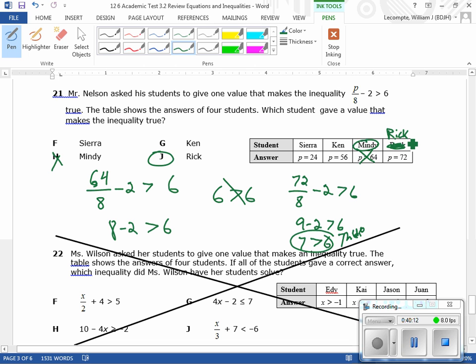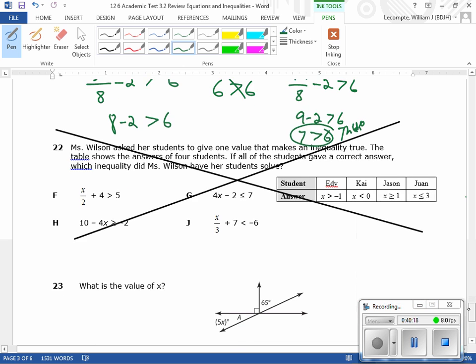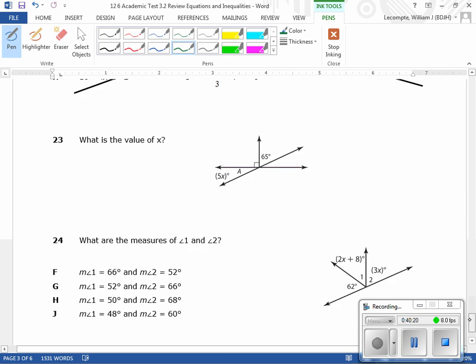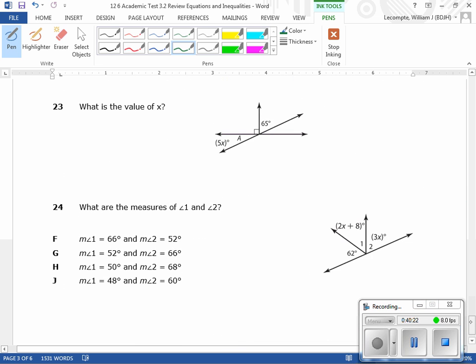We've already dealt with the first one here, number 23, but we're looking for 5x plus a 90-degree angle plus 65 is equal to 180. That line is equal to 180. So if I add these two up, I get 155. So 5x plus 155 is equal to 180.